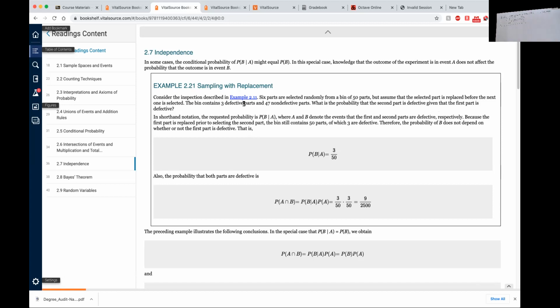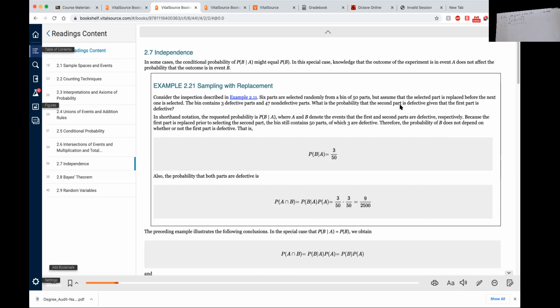So 3 out of 50 is the probability that we select a defective part in the second draw. The first part being defective will not affect the probability of selecting a defective part the second time, because replacement is allowed. So P of B given A is 3 over 50.